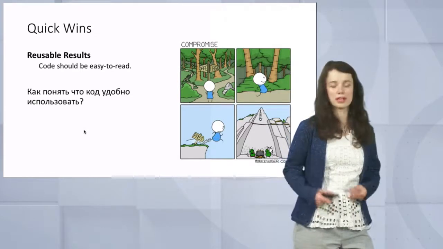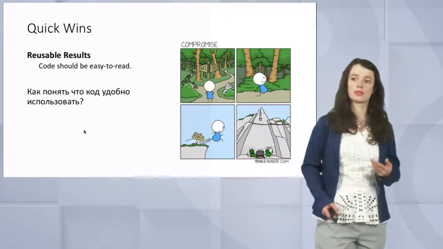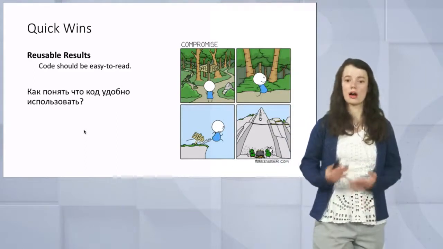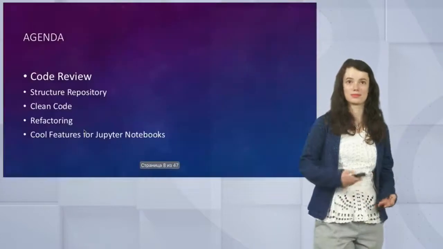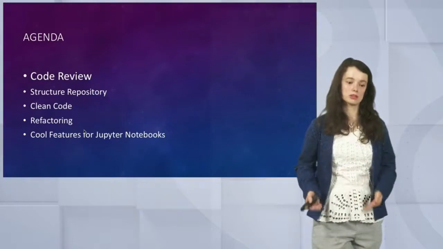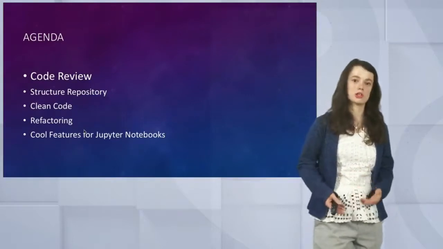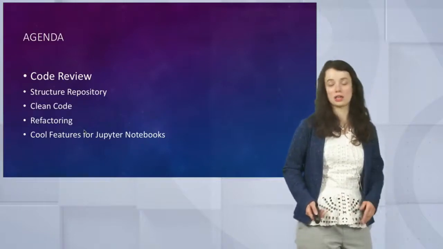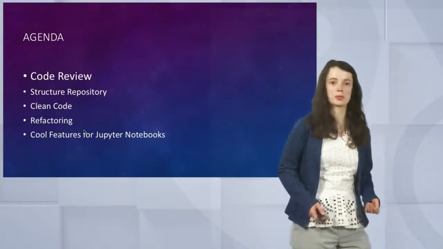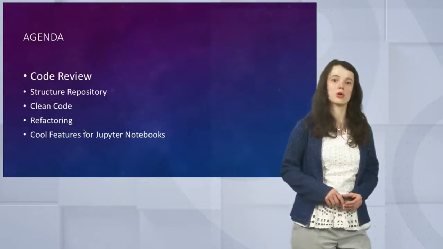But when you don't have any software engineering background, it's very hard to find out how you should write your code. So, from practice, we learned that this stuff: code review, structuring your repository, clean code and refactoring, and also some small features for Jupyter notebooks help a lot. And I'll tell you about all this stuff.